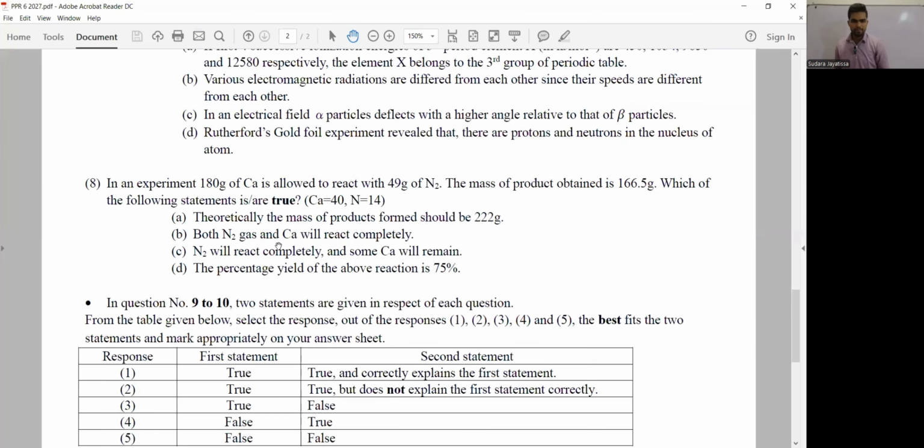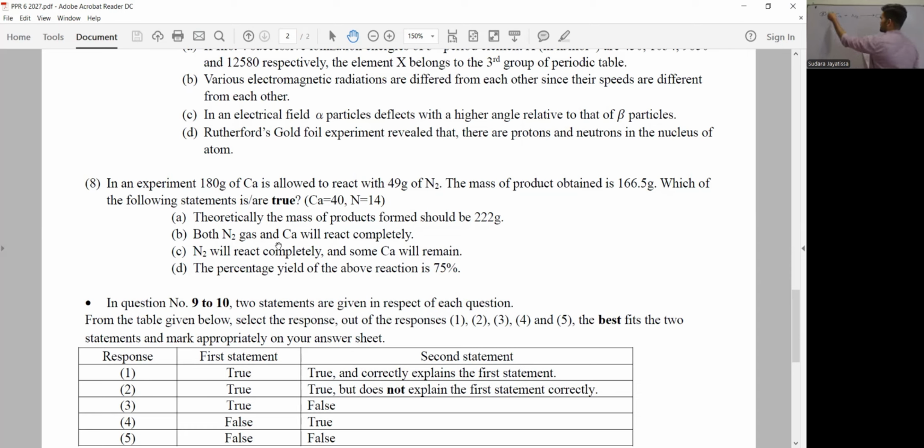Calcium is allowed to react with nitrogen to form a product, but the product is not given. That's actually a mistake. The products should have been given because you don't know this one yet. The product is Ca3N2, calcium nitride.